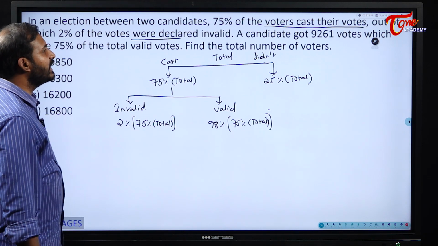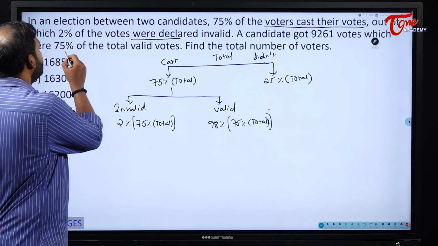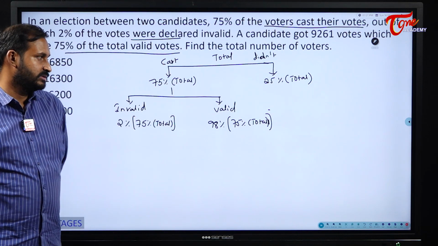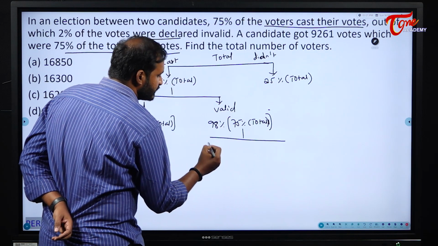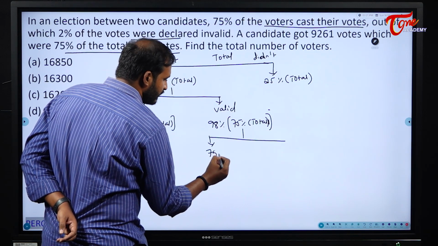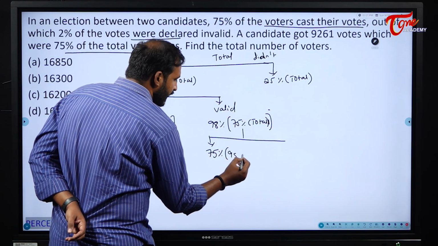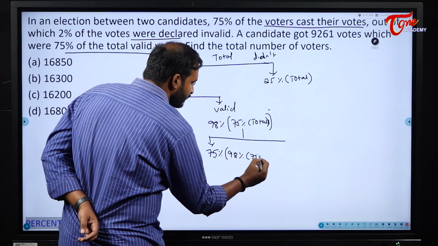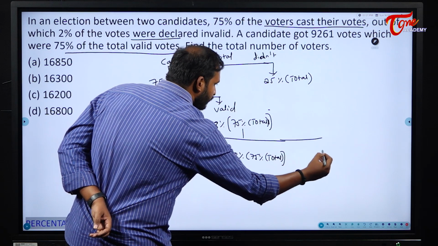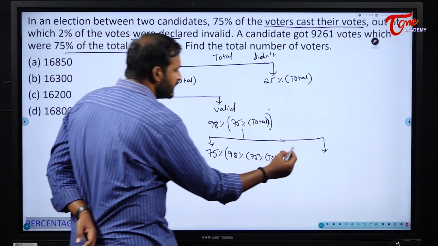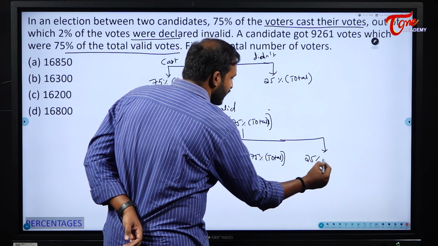Okay, good. A candidate got 9261 votes, which were 75% of total valid votes. Now, of this, one got 75% of valid votes. That means 75% of 98% of 75% of total. Okay. If one gets 75%, the other gets 25% of valid votes.